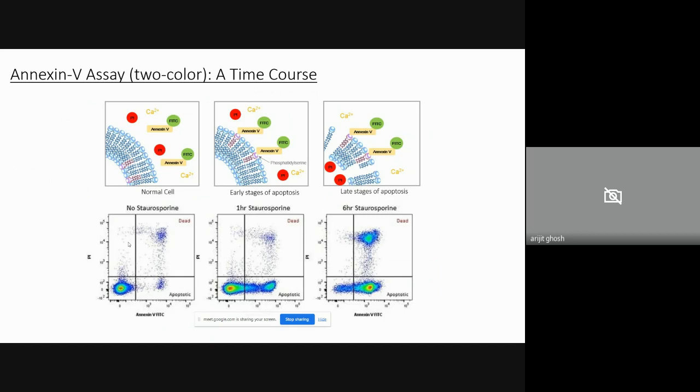But there are many pores in the cell membrane, so PI can enter and bind to the DNA. That is why in necrosis only PI is there, in early apoptosis only annexin is there, and in late apoptosis both are expressed, or both are captured by the cells.